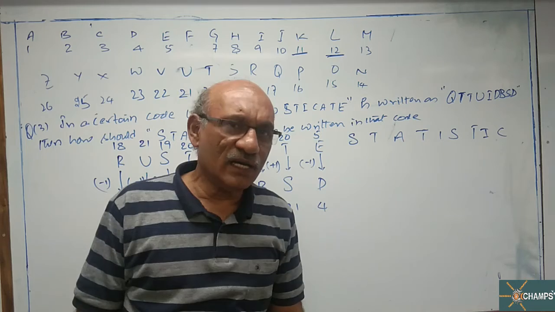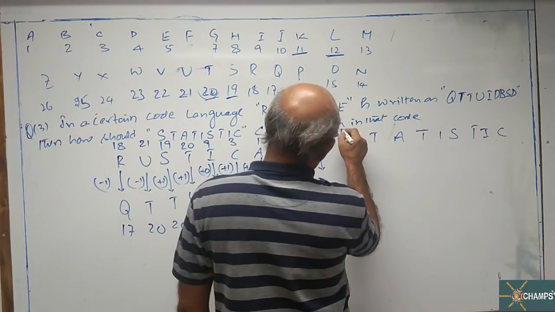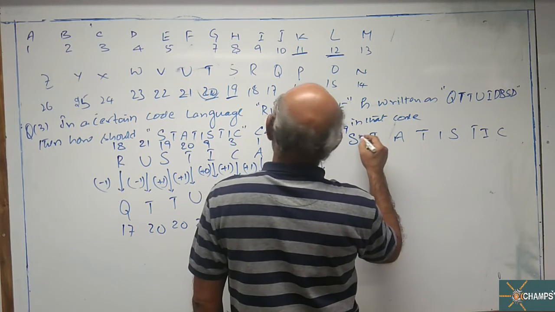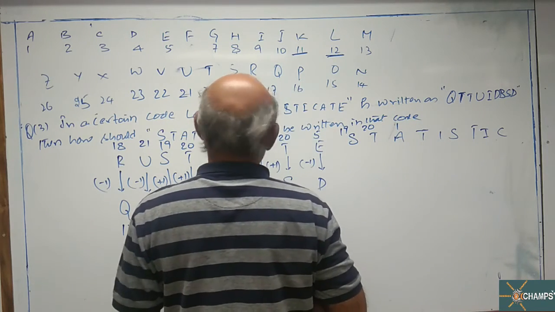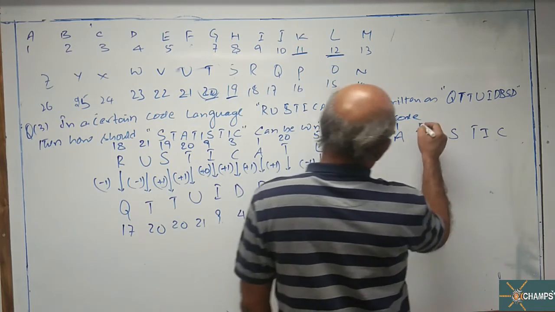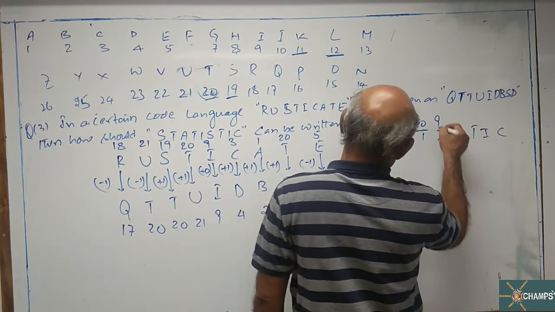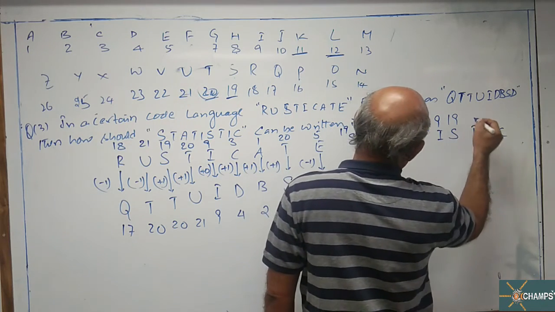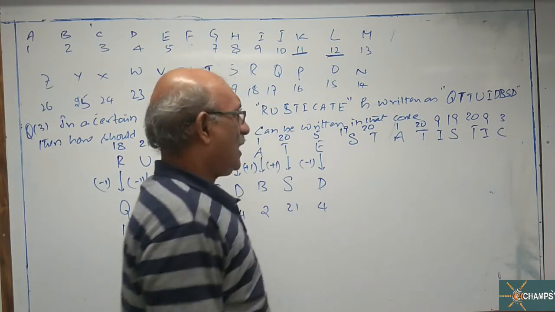I will read the respective numericals for these alphabets. S is equal to 19, T is equal to 20, A is equal to 1, T is equal to 20, I is equal to 9, S is equal to 19, T is 20, I means 9, C means 3.